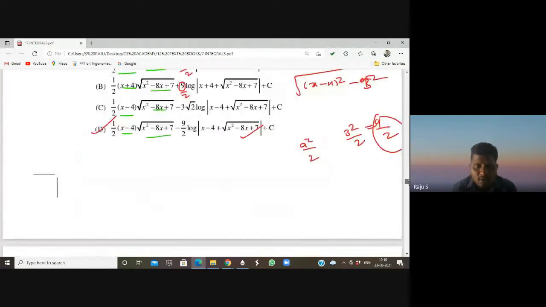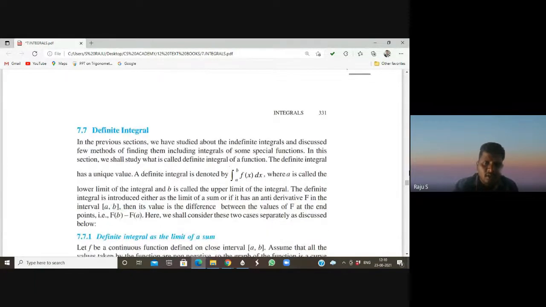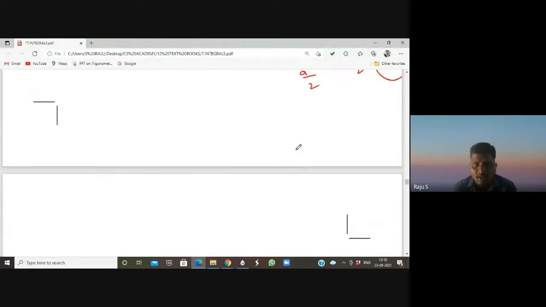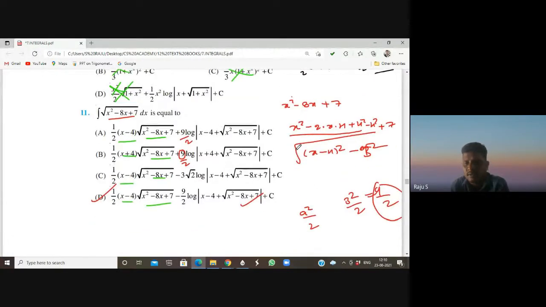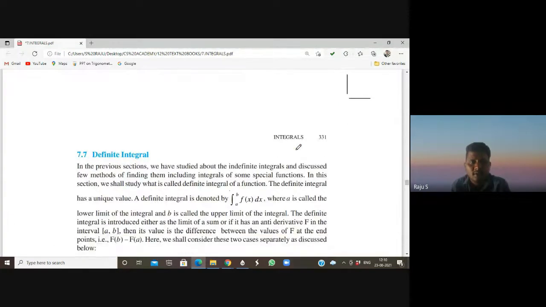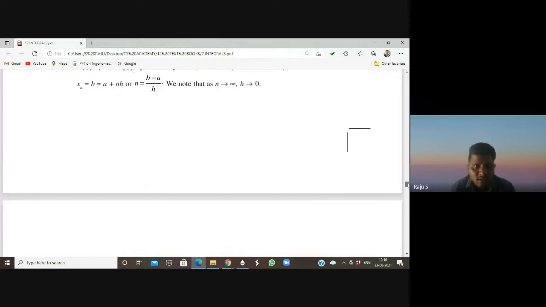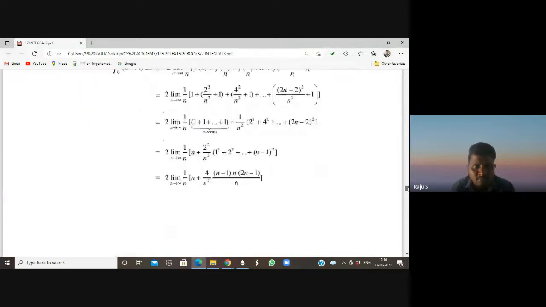Now coming to the definite integral. I'll explain what is meant by definite integral, and there is the second fundamental theorem of calculus. With the help of the second fundamental theorem of calculus alone, we are going to find the definite integral. This actually belongs to limit of a sum.